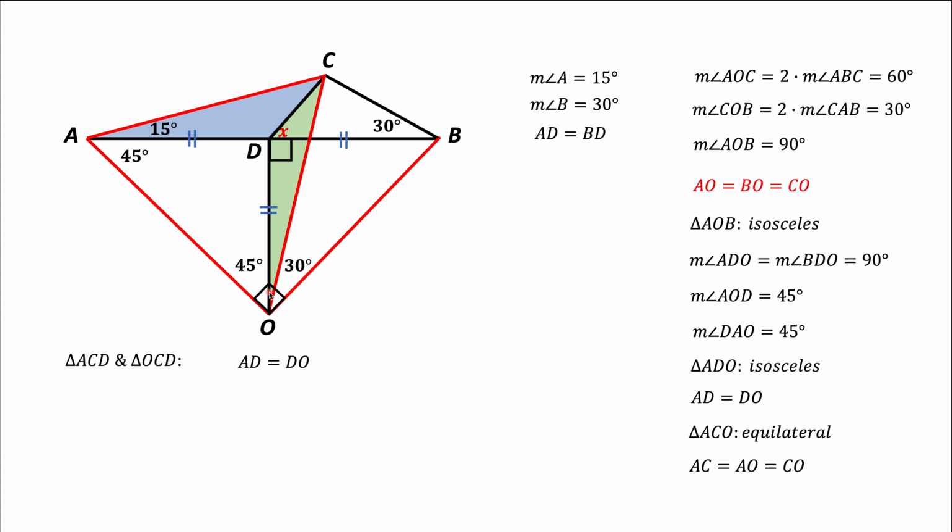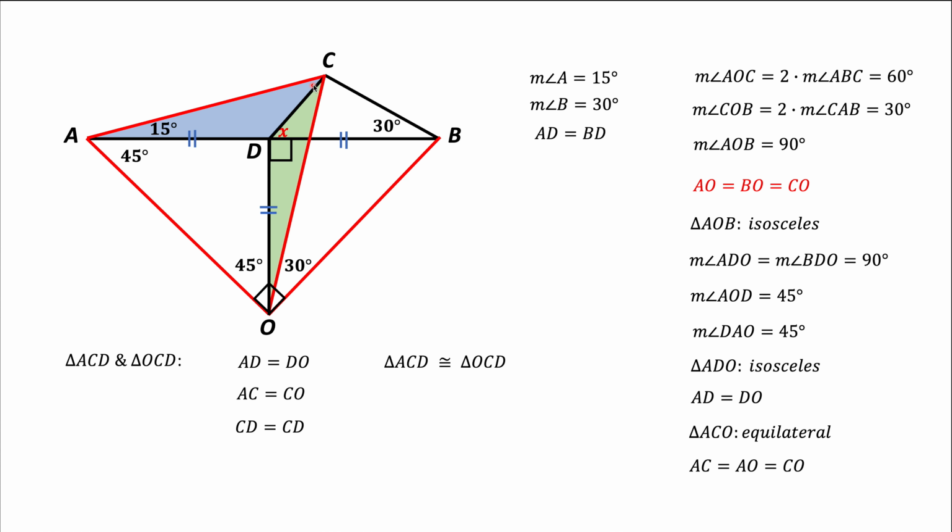We also notice that the side AC, the red one, is the same length as side OC. And the last thing we notice, the side CD is shared by them, so obviously it's congruent to itself. So we have two triangles that have three congruent sides. Such triangles are congruent.